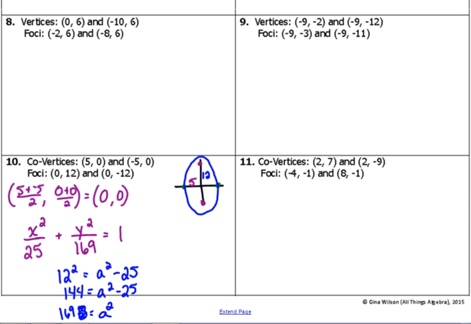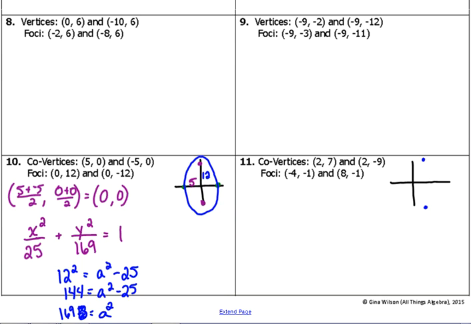Let me do one more like that because I feel like my explanation was a little scattered. Okay, let's do number 11 as well. Co-vertices at 2, 7 and 2, negative 9. Those are our co-vertices.